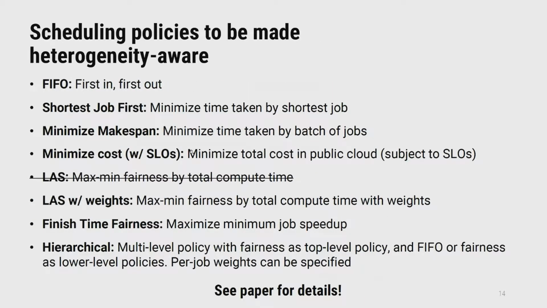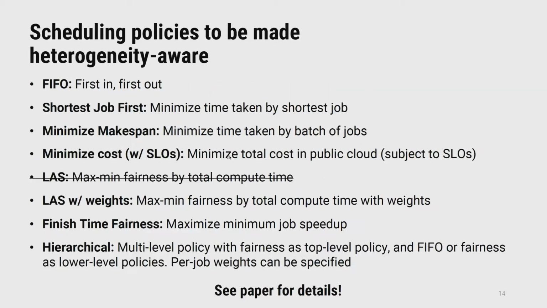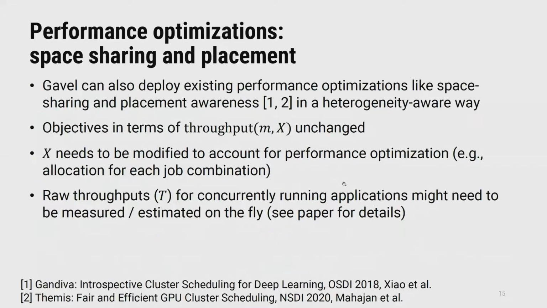Okay, so this paper's argument is that given that matrix and given that normalization, I can transfer all these policies to be heterogeneous-hardware aware because they are calculating a matrix now.